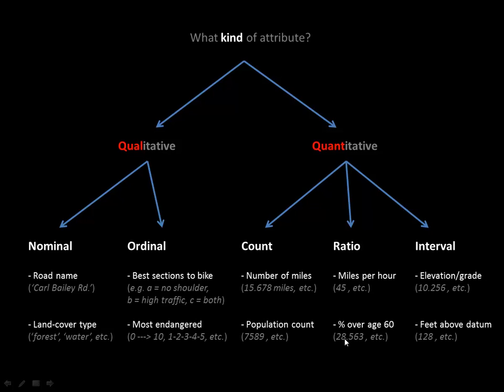We could say, well, 28%, but 0 is just 0, whereas in an interval setting, we might have negative numbers, right? How many feet above sea level? Oh, well, 0. Well, does that mean 0 like there's nothing there? No, it means you are at sea level, because you could be below sea level. You could say, I'm 10 feet below, and that would be negative 10.